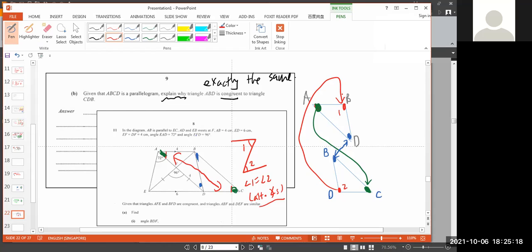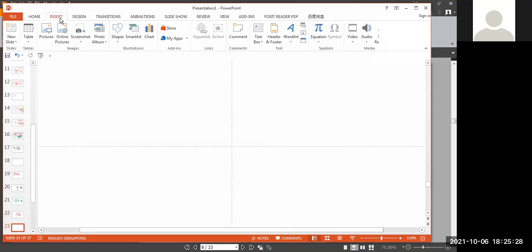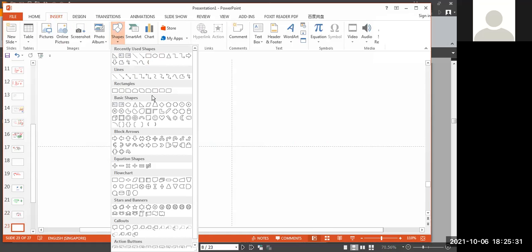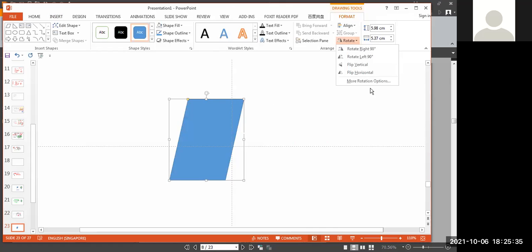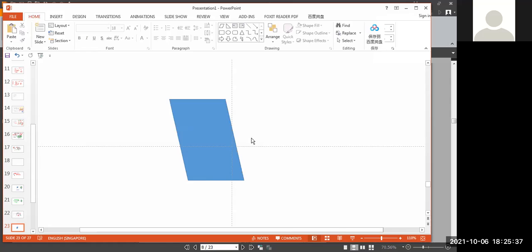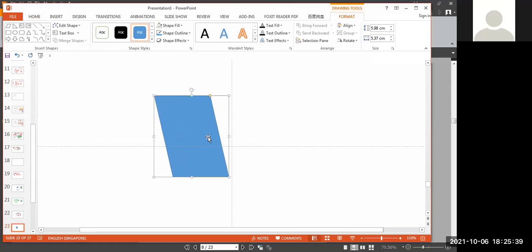So if you split a parallelogram, can you see what's the meaning of parallelogram? Let me just illustrate with a parallelogram to you. So you have a parallelogram like this.